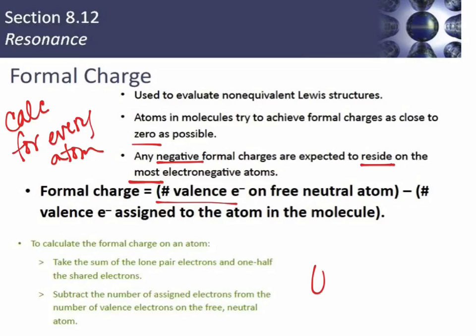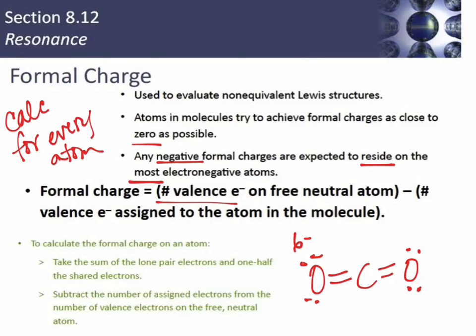So if we were to have this here, let's just do the formal charges. Let me further draw it out. How many valence electrons does oxygen have? Valence electrons, oxygen, 6. How many electrons are on it?